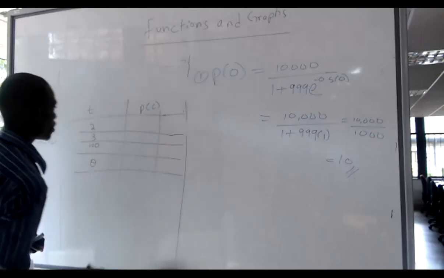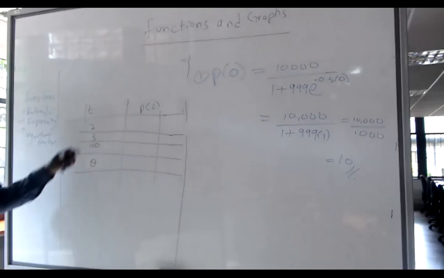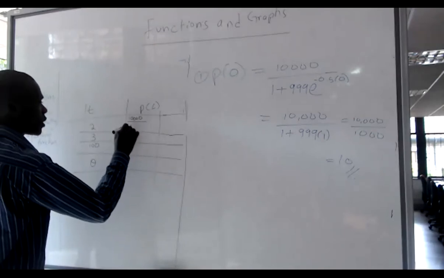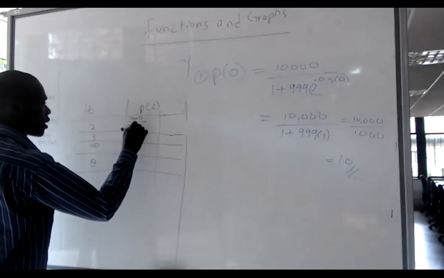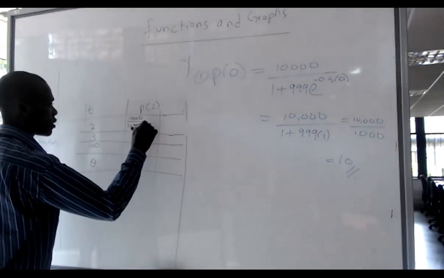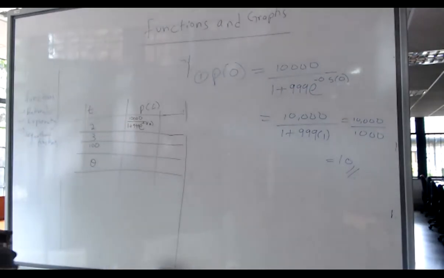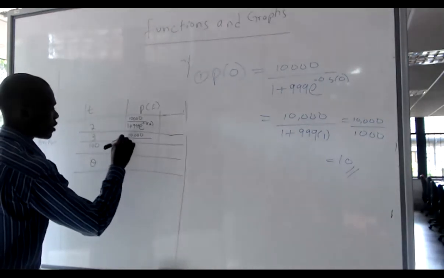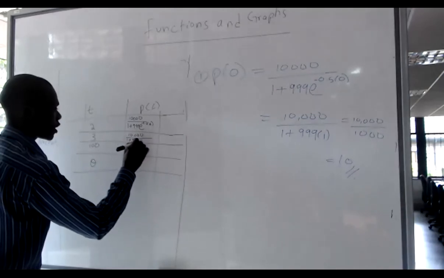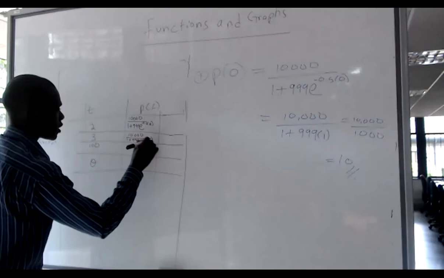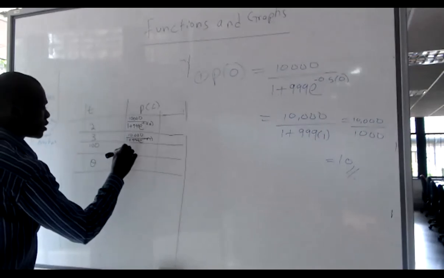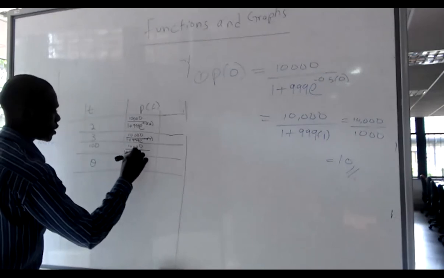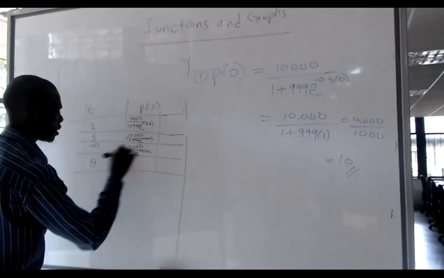And you know what the function is. So at 2, simply replace t with 2. So you will have 10,000 divided by 1 plus 999 exponent negative 0.5 times 2. Same for 3: 10,000 divided by 1 plus 999 exponent negative 0.5 times 3. Same for 100: 10,000 divided by 1 plus 999 exponent negative 0.5 times 100.